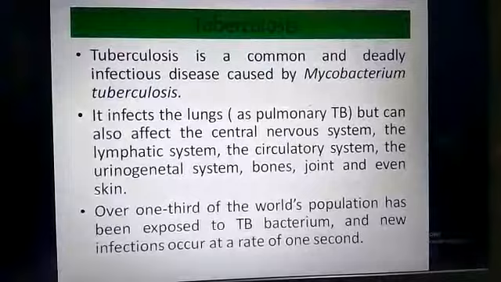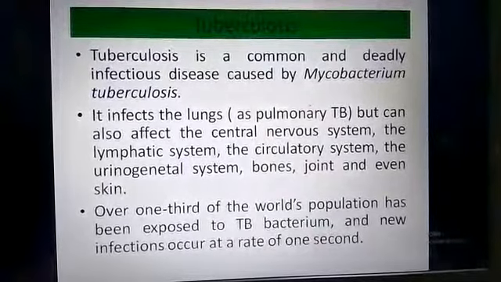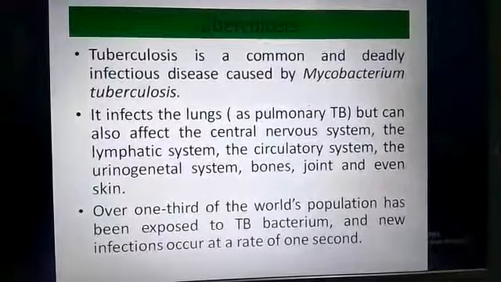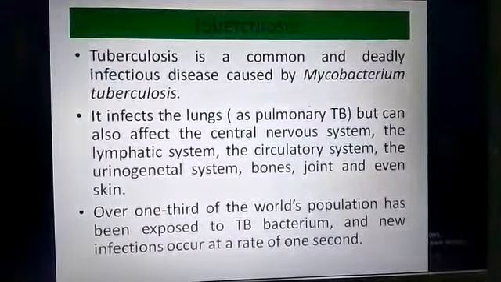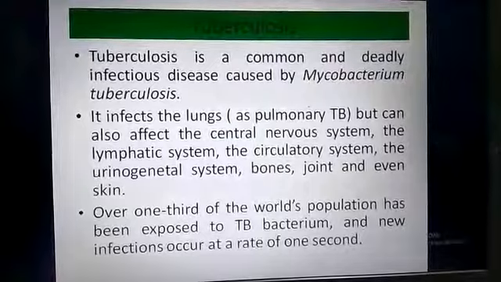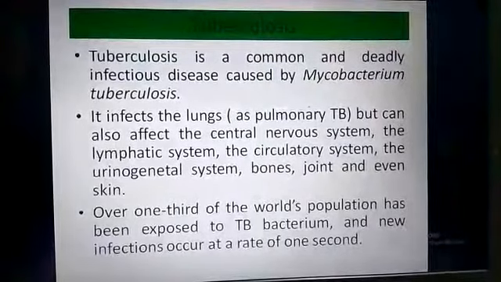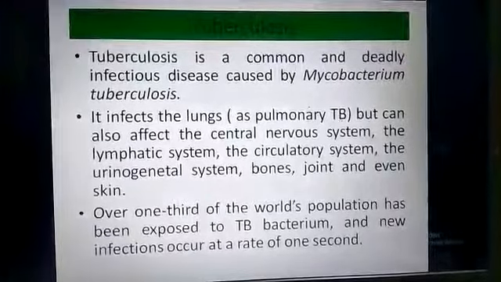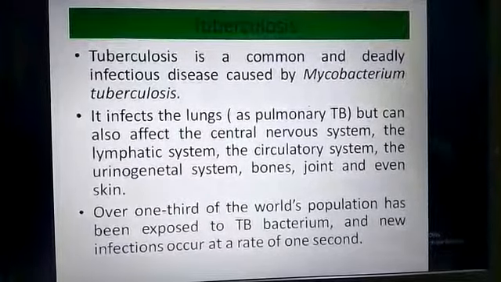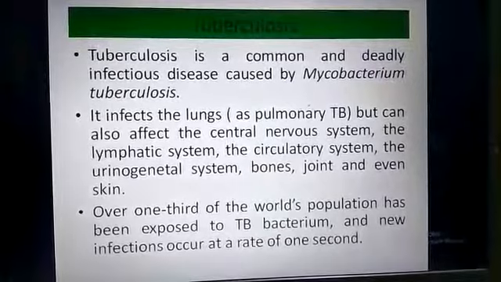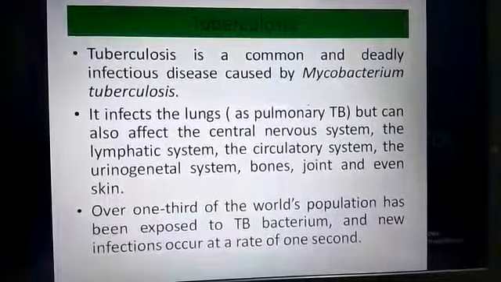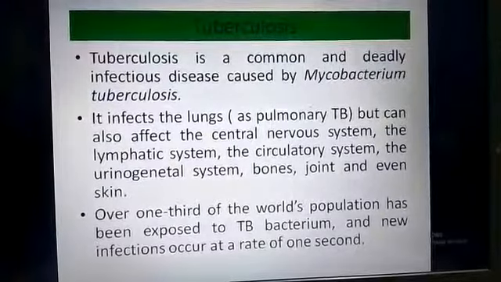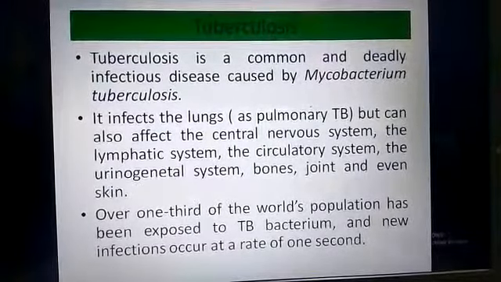Now, Mycobacterium tuberculosis infects the lungs, known as pulmonary TB, but it can also affect other parts of the body like the central nervous system, that is the brain and the spinal cord, the lymphatic system, the circulatory system, the urinogenital systems, our bones, joints, and even our skin.